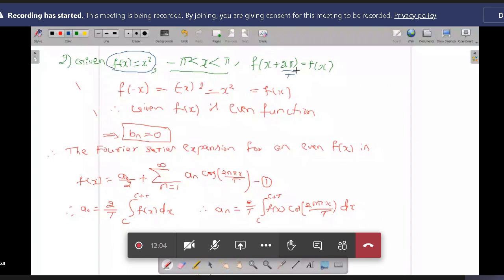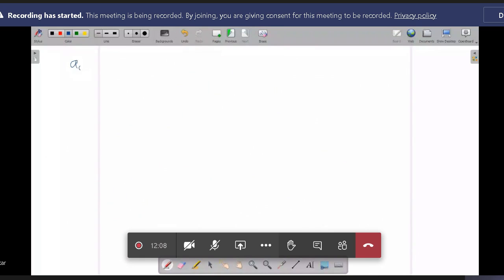Now we'll find a naught. a naught is 2 by the period 2 pi, integration with c as minus pi, and minus pi plus 2 pi is pi. So integration from minus pi to pi, f of x is x square into dx.